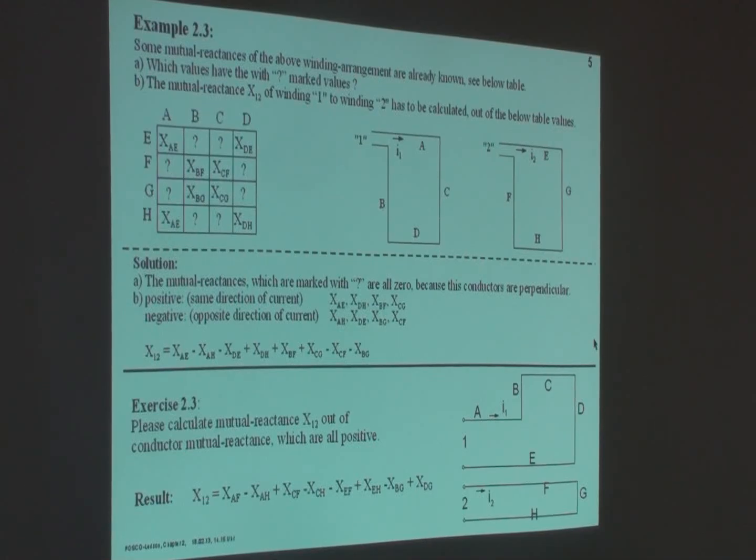XAB minus XBA. And that's the same? Yes. Because conductor A is like conductor B, XAA is XBB. So then we can take X11 is 2 times XAA minus XAB.